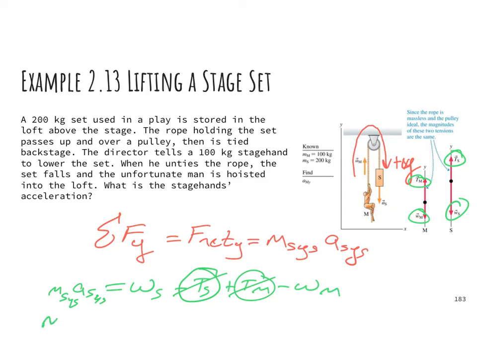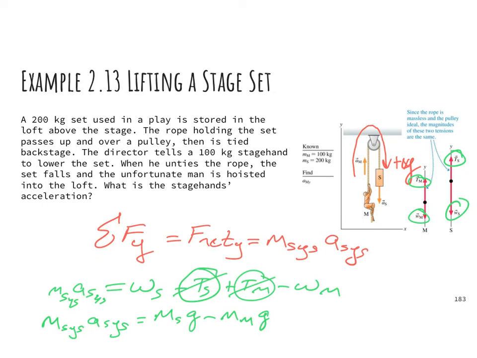And I get the mass of the system times the acceleration of the system equals the weight of the set, which is the mass of the set times gravity, minus the weight of the man, which is the mass of the man times gravity. Okay, so now I have to solve for the acceleration of the system.